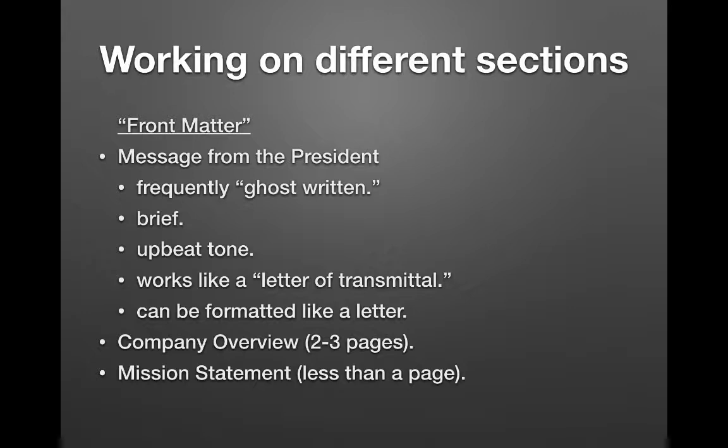So I wanted to talk about these different parts here. And in terms of front matter, the body, and back matter, sometimes with back matter there's hardly anything there. But just know that it's part of the document and it's available to you to put different things into the document if you want to.